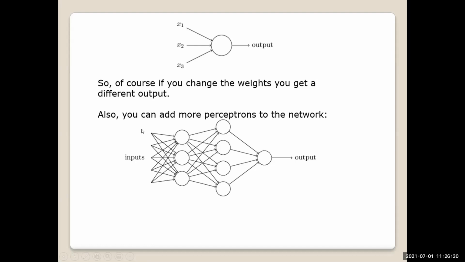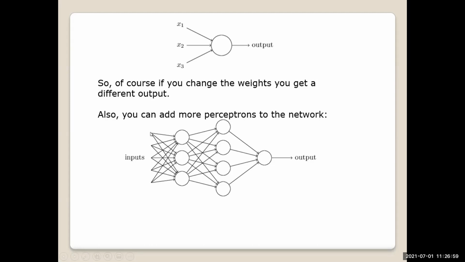So we have X1, X2, X3, X4, X5. They go here, but they also go here, and they also go here, but the weights are different, right? Because this x1 goes to this node, and it also goes to this node, and this node, but with different weights. This could have a weight here, a different weight here, and a different weight here.